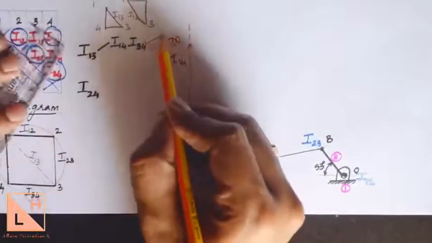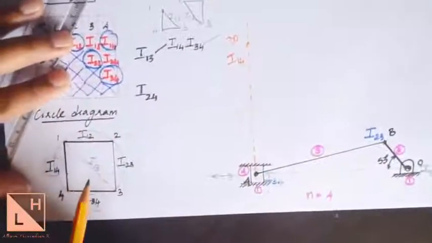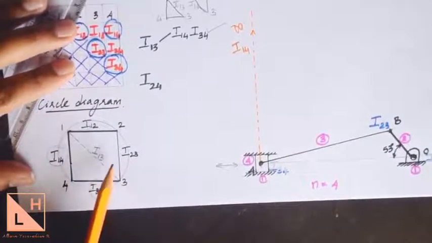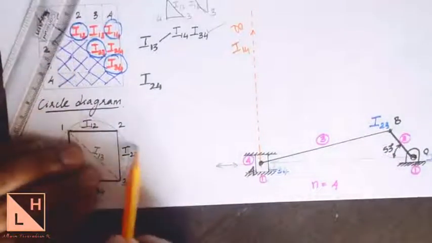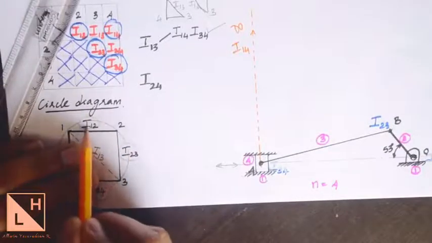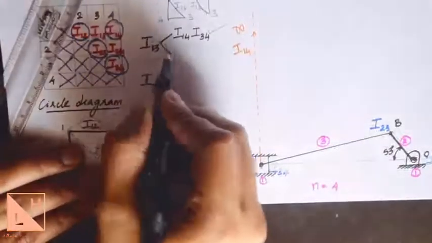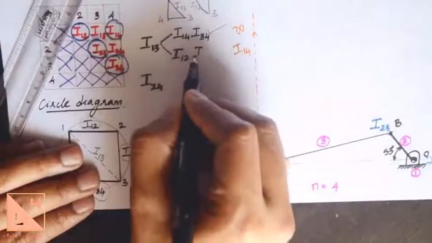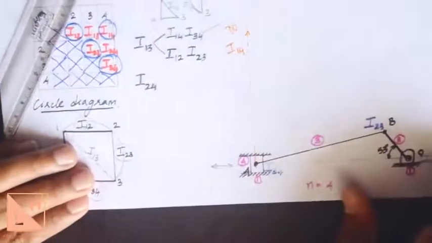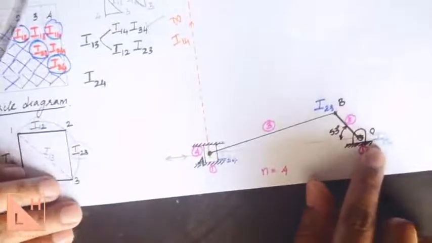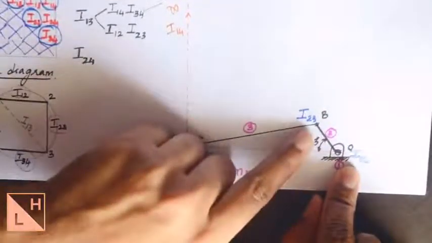So this is completed. When we have done with one triangle, refer to the other triangle that is formed. These 2 edges will be present in the triangle 1, 2, 3. So connect the points I12 to I23. So where do we have I12 here? I12 is present here. I23 is present here.